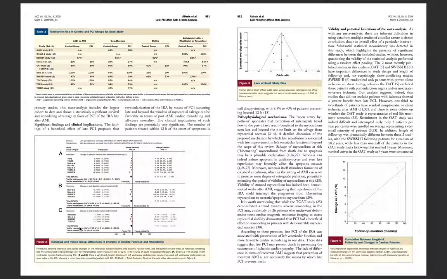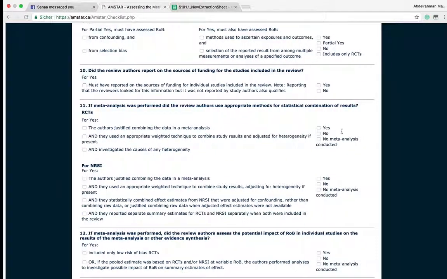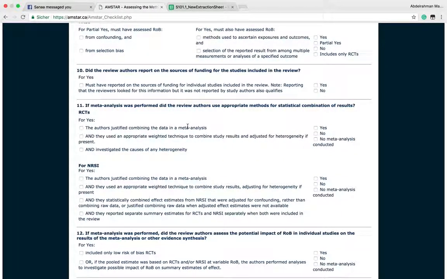So they have here heterogeneity, and about the reasons for heterogeneity, we just have to check in the limitations to see it. Yes, here. No, they didn't say anything about the causes of the heterogeneity. So, I'll say no.